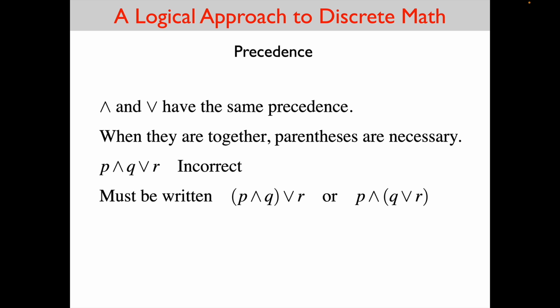You can either put them around the first two, parentheses P and Q, close paren, or R. Or you can say P and parentheses Q or R, and they have different truth tables. You can work that out if you want to see that those truth tables are different. But when you have and or together, I insist that you put parentheses around to disambiguate the expression.